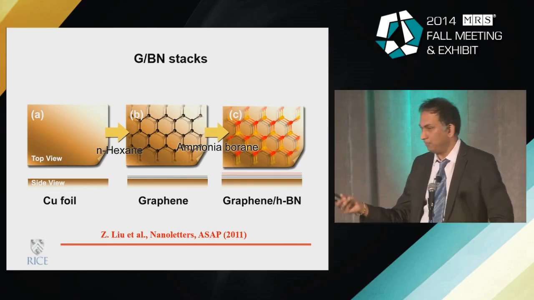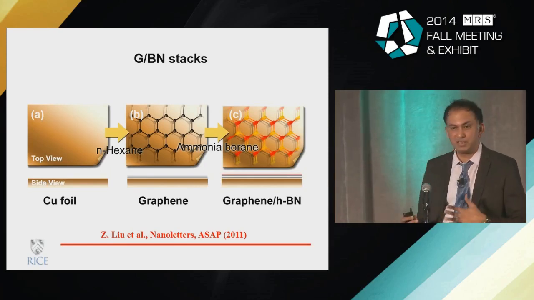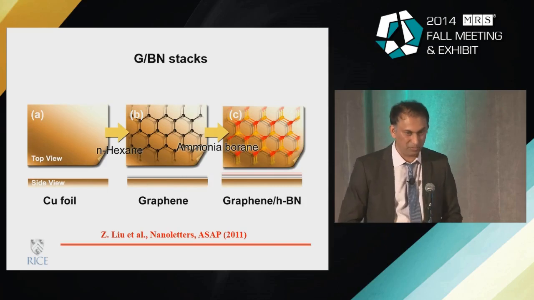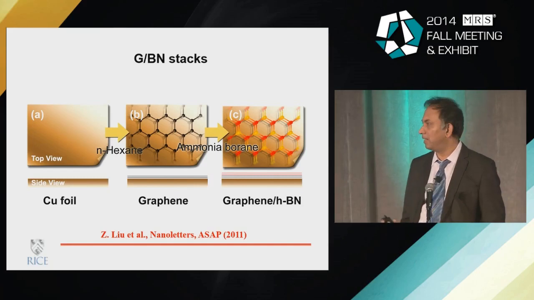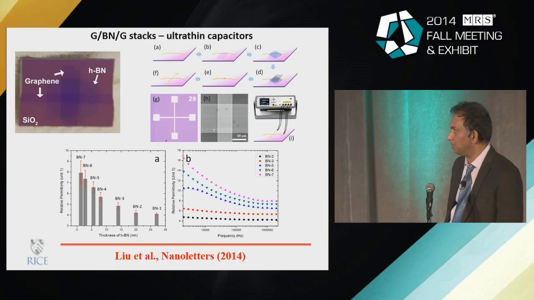Of course, we have demonstrated that, and several people have done that as well. But the vapor phase transport is probably not the best technique to really build large volume solids. It could be very interesting for very thin stacks for specific applications, but for large area bulk materials, one has to think about some other options.